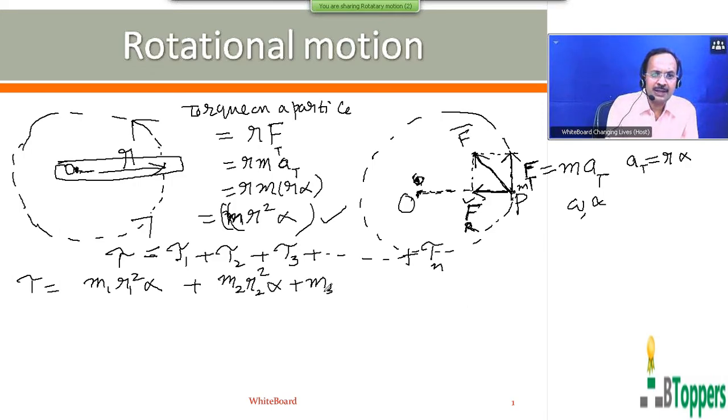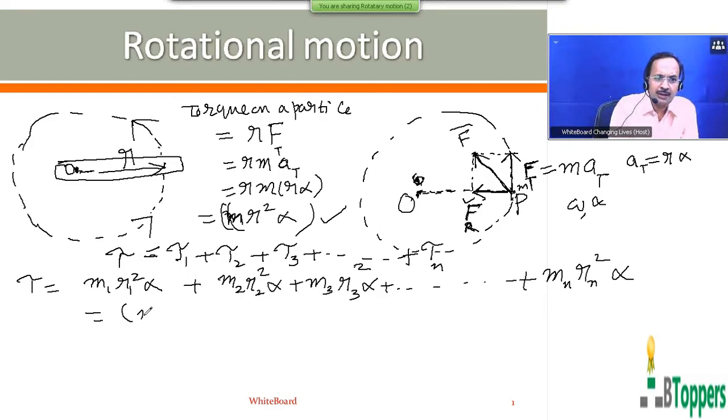The magnitude of the torque acting on the third particle of mass m3 situated at radial distance r3 from the axis of rotation can be written as m3 r3 square alpha, and so on. The magnitude of the torque acting on the nth particle of mass mn situated at radial distance rn from the axis can be written as mn rn square alpha. We can take alpha common outside here.